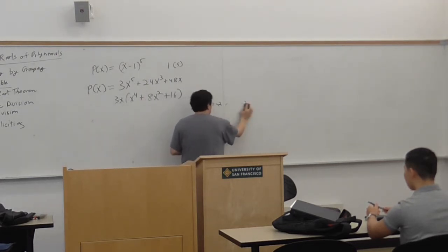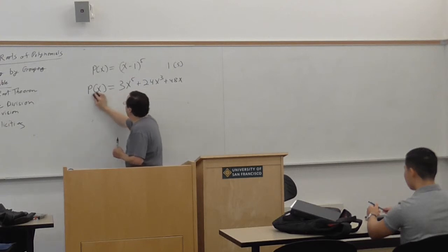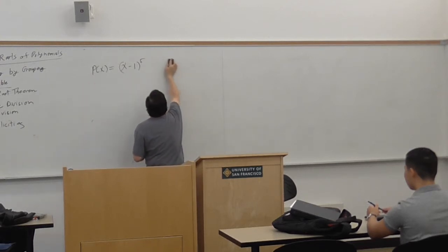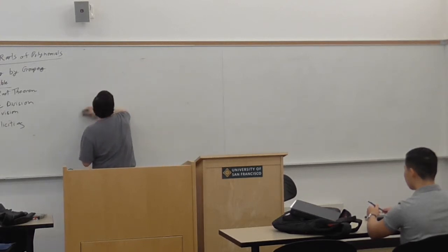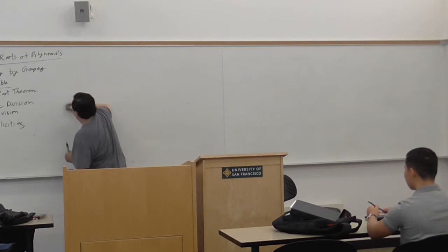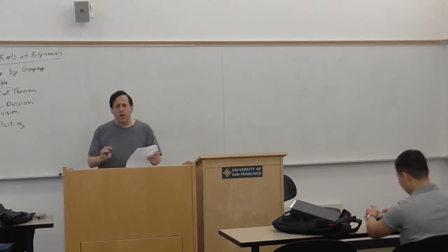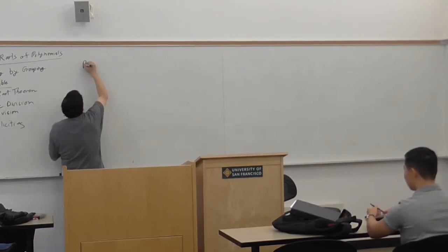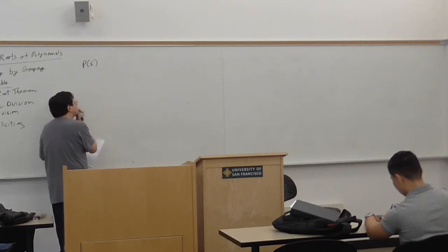Okay, now a problem which is kind of a small little puzzle. The answer is embedded in what we've already done. I have some polynomial, and I do know the roots.